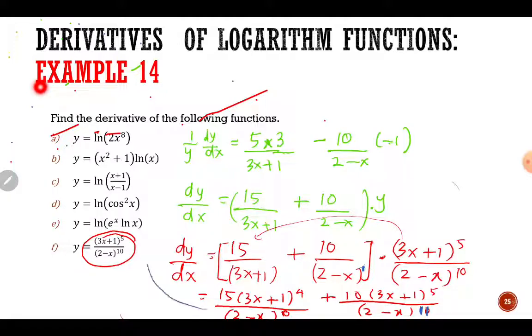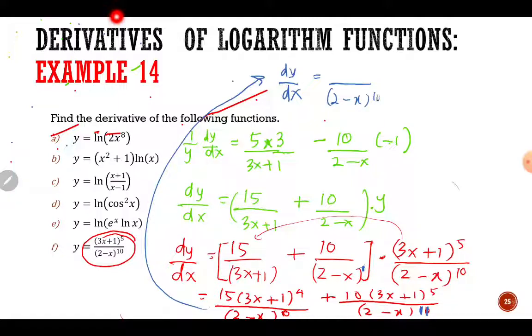Ataupun kalau you nak simplify lagi, sebenarnya boleh. You dapat dy over dx sama dengan, kita boleh faktorkan common factor jadi sama macam bawah. Kita akan dapat 2 minus x power of 10 kat bawah.